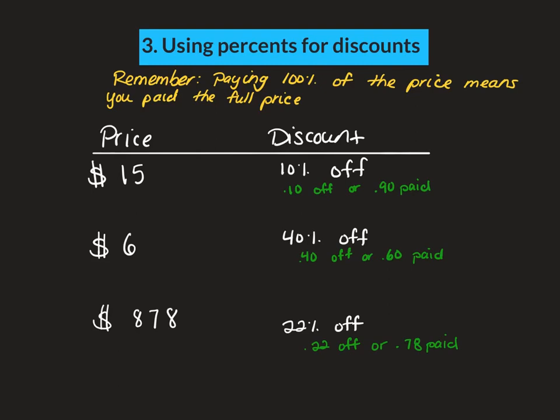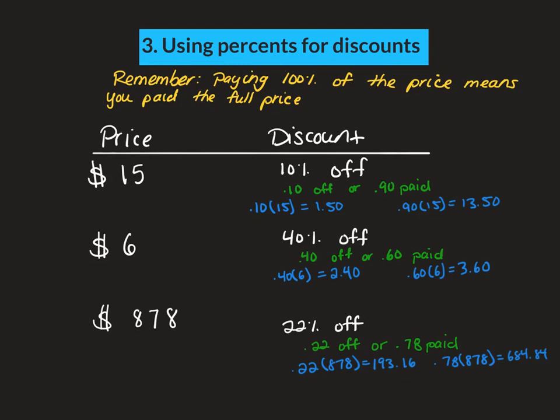On the first one, if I get 10% off, that means I'm going to pay 90%, or 0.90 in decimal form. In the second one, if I get 40% off, I'm going to pay 60%, or 0.60 in decimal form. And the last one, if I get 22% off, I'm going to pay 78%, or 0.78 in decimal form.